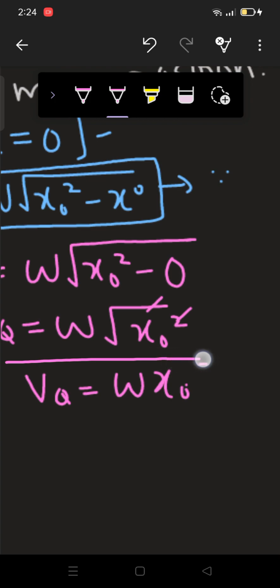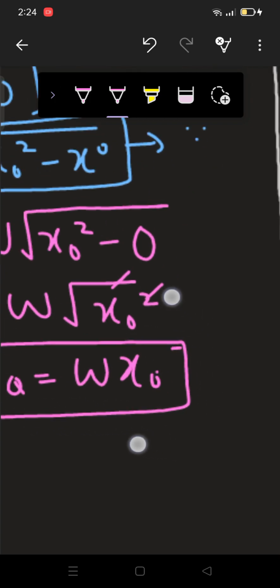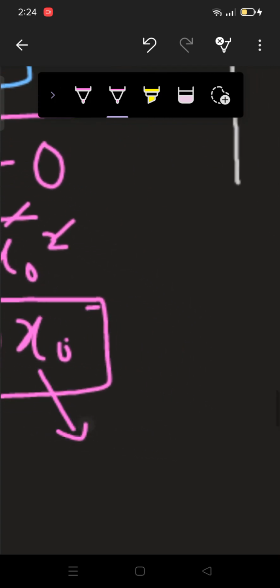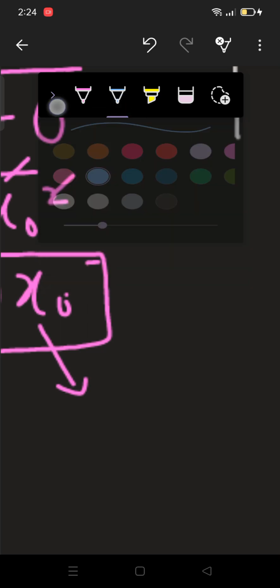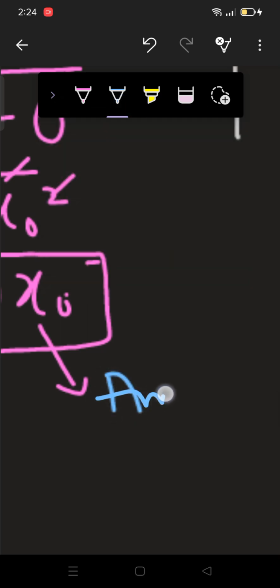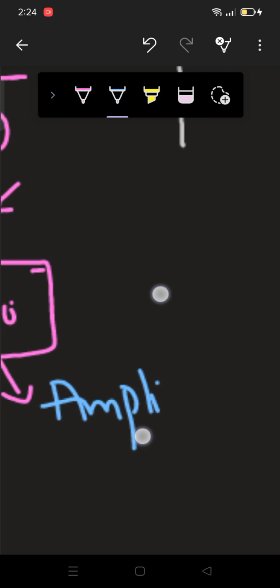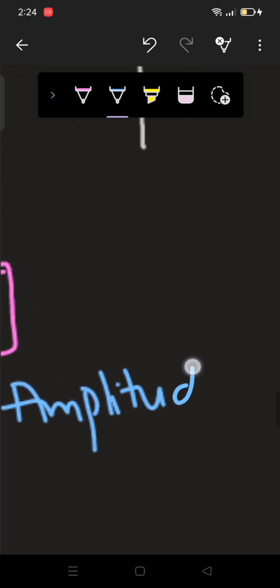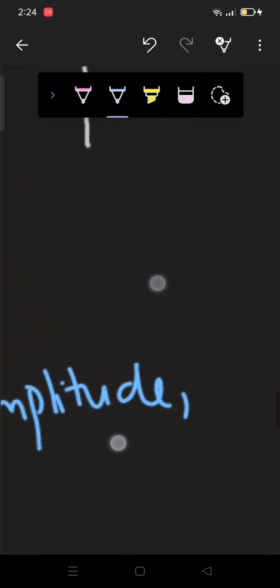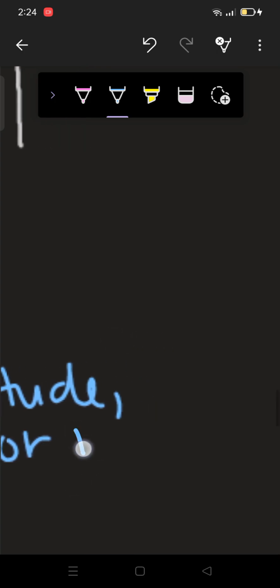And what does x naught represent here? An amplitude or maximum displacement.